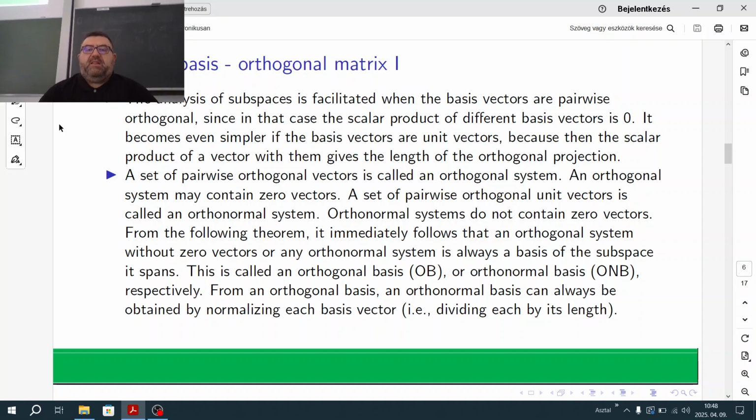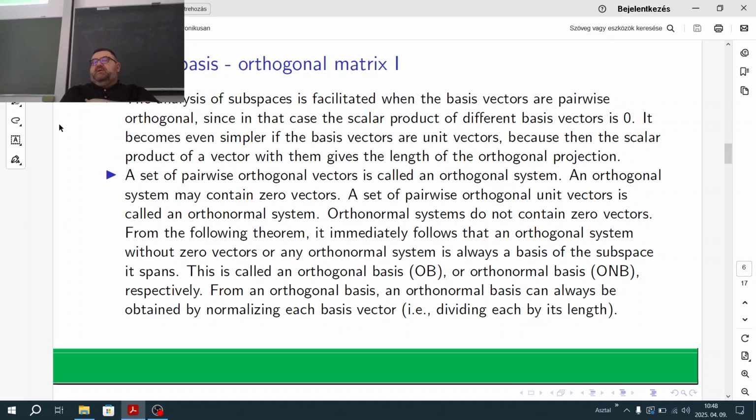Okay, now something that is useful. We had vector space, and we also had basis previously.